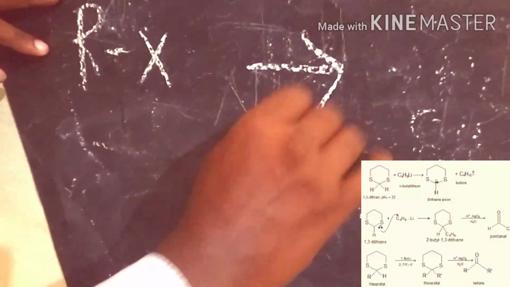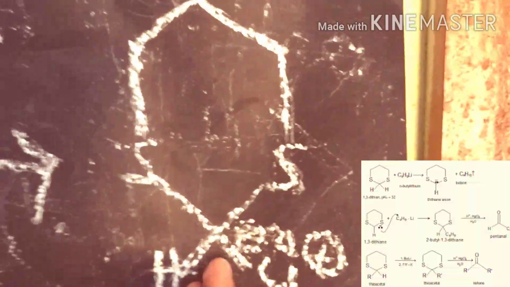First we write the general reaction. On addition of RX to this intermediate, note the difference between lithium and carbon: carbon is always more electronegative than lithium, so carbon has the negative charge and lithium the positive charge.